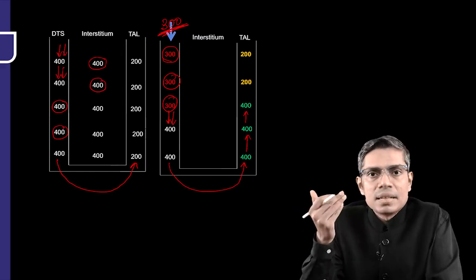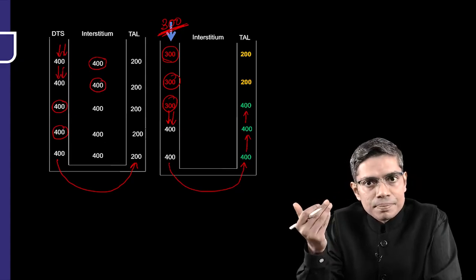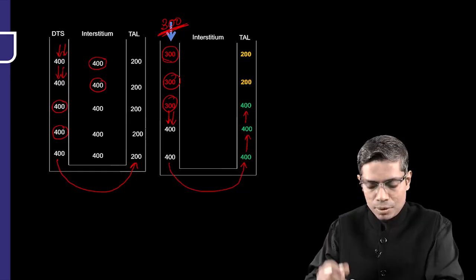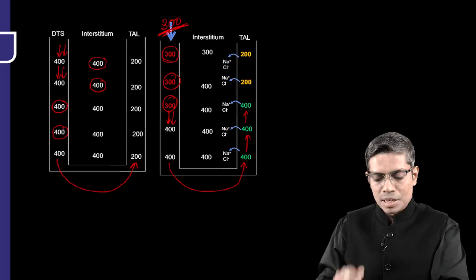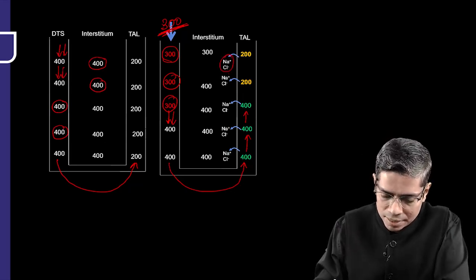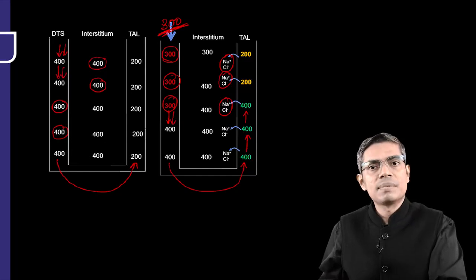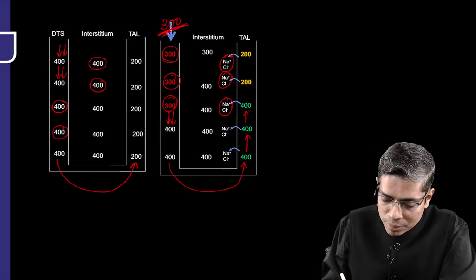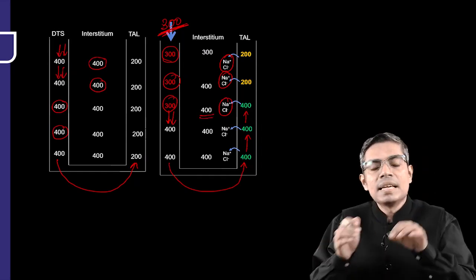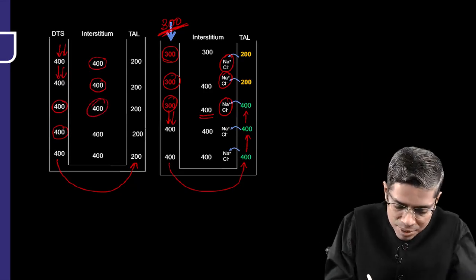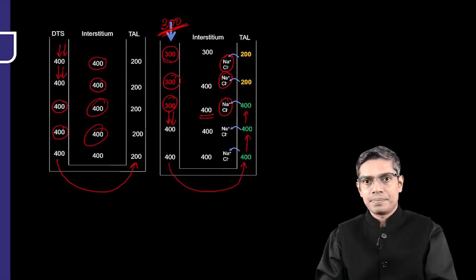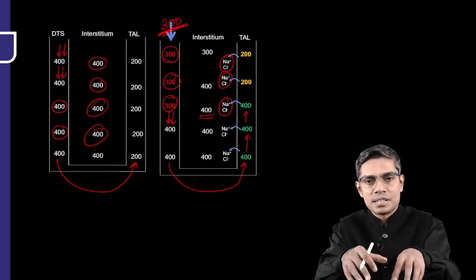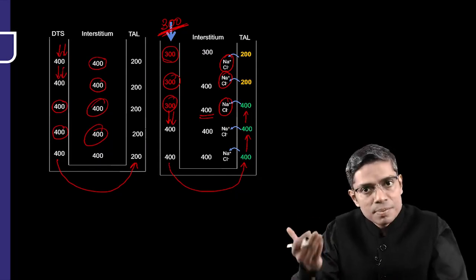Now again, the TAL will do the same thing in the second cycle. What is the same thing? Absorption of sodium and chloride. So now the TAL will reabsorb sodium chloride once again, and that sodium chloride is delivered into the interstitium. The interstitium is already at 400. If you deliver more sodium chloride into the 400 interstitium, the interstitial tonicity will rise further.